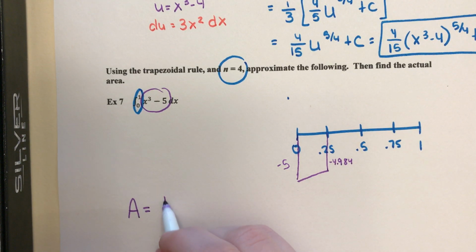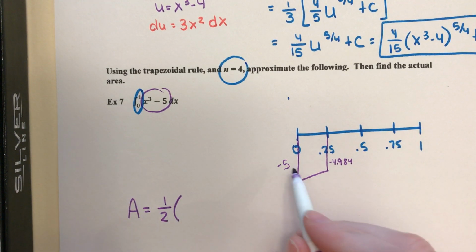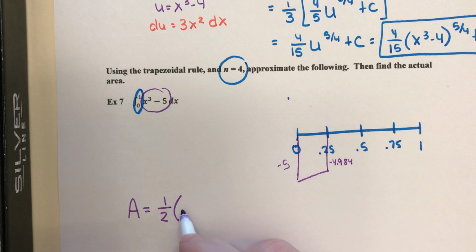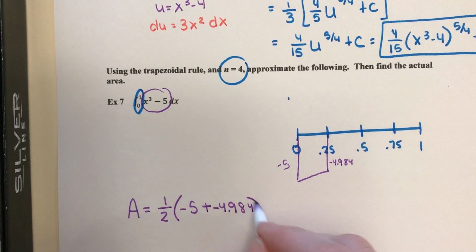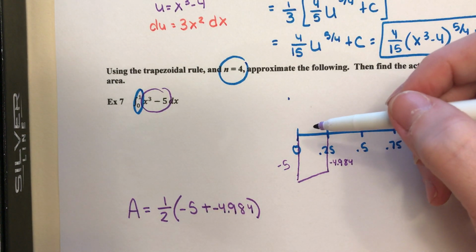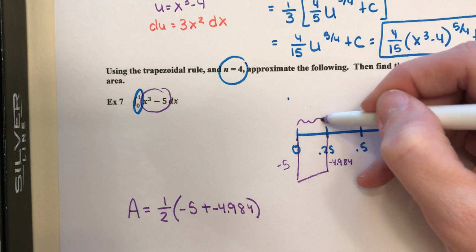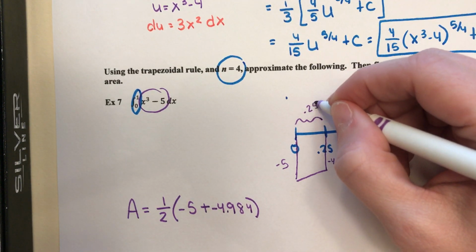area of the trapezoid is 1/2 base 1 plus base 2. So I'm going to add those two heights together and we'll round to 3 places. Times the height. So the height is your distance in between. So that would be 0.25.